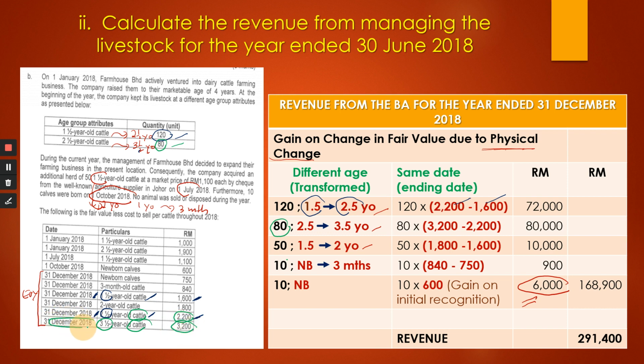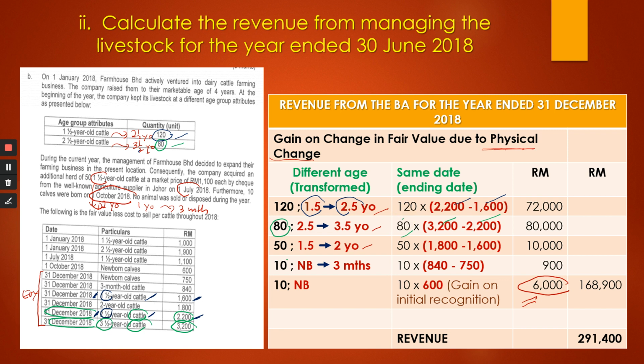And those are all at the same date. So you have 3,200 on 31st December, age 3.5, and 2,200 on 31st December, age 2.5. Units is the same here. So you have done the first part, the difference multiplied with the units.